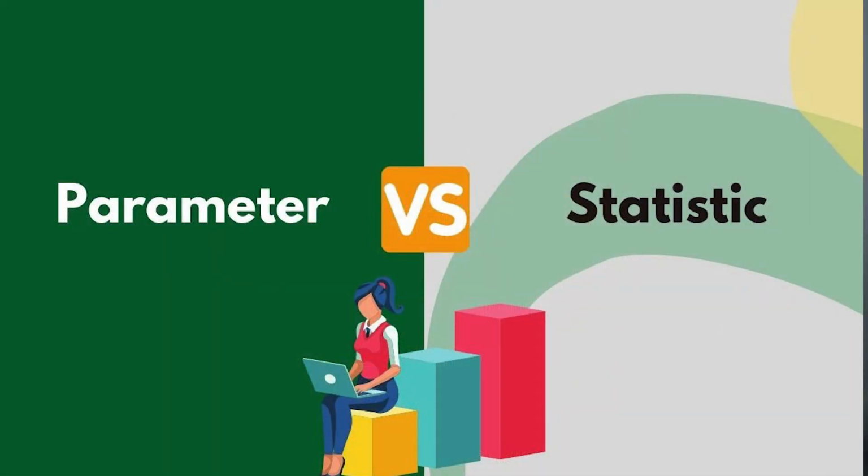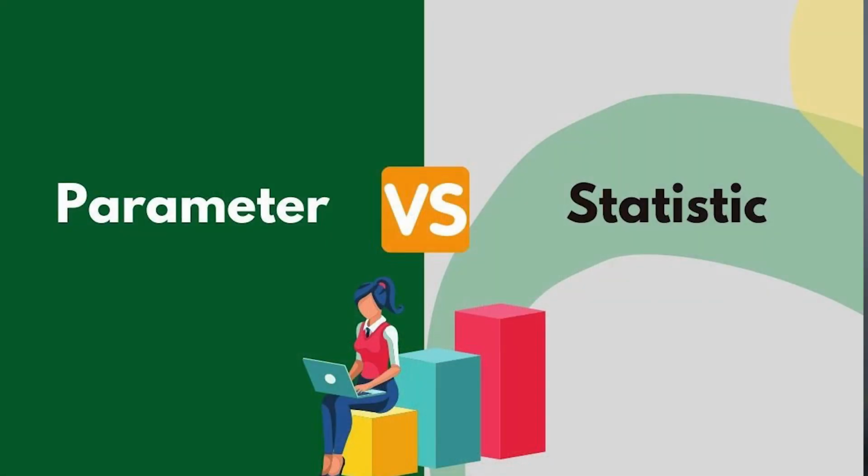Another key concept in statistical modeling is parameter and statistic. A parameter is a numerical value that describes the characteristics of the population. Now we are talking about a numerical value. It is typically unknown and estimated from sample data.